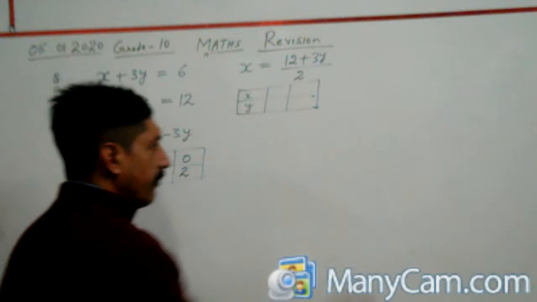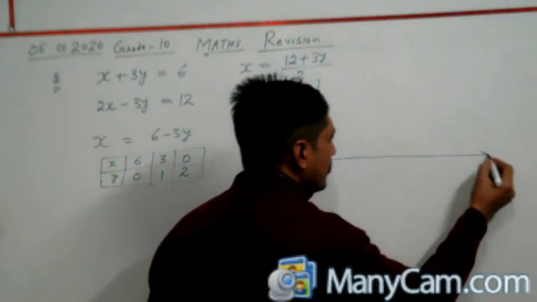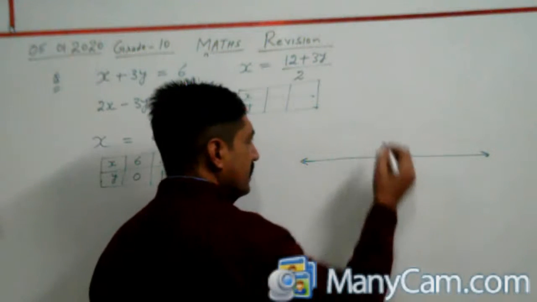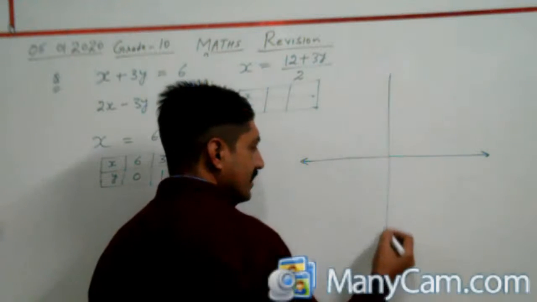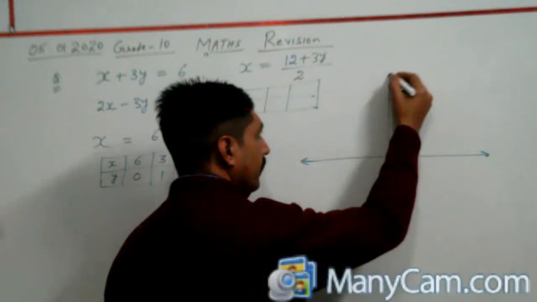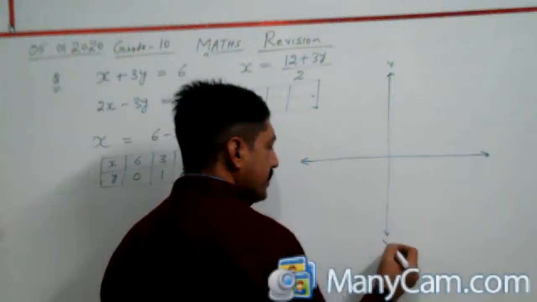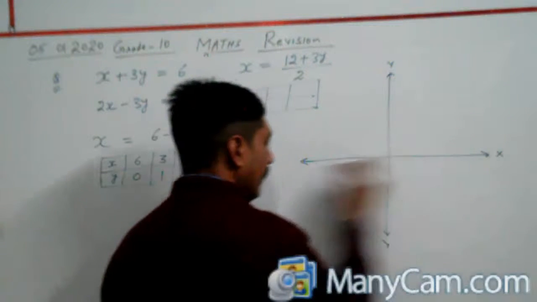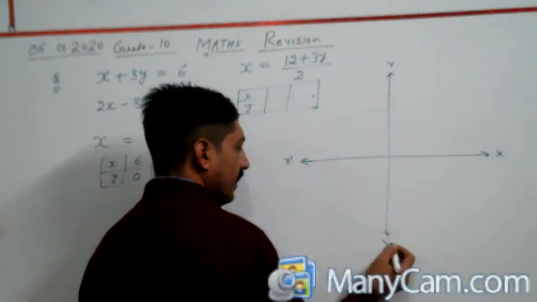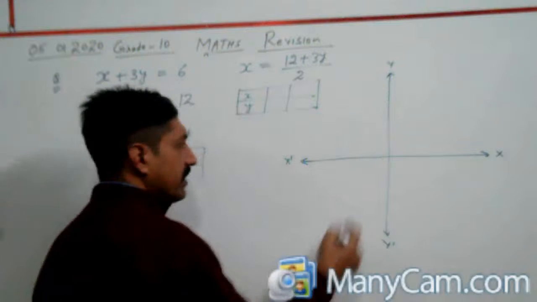If we have a graph, this is the x-axis and this is the y-axis, with Y dash and X dash. X dash means the negative axes.